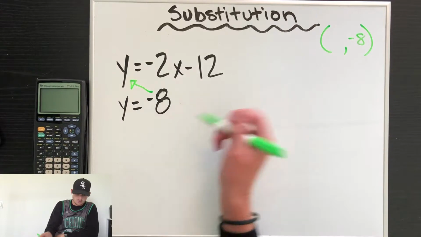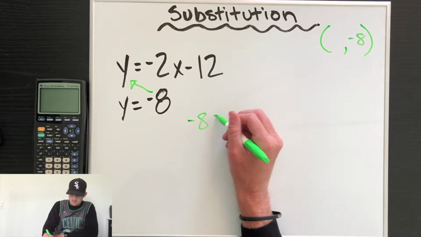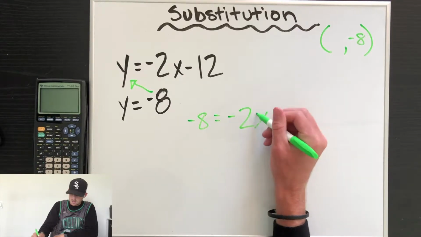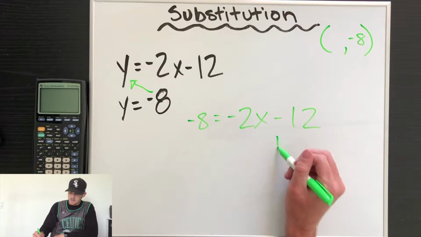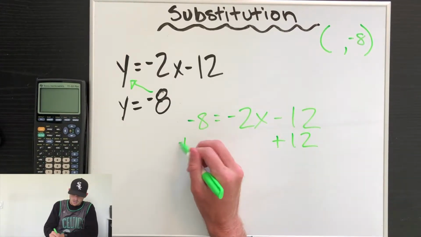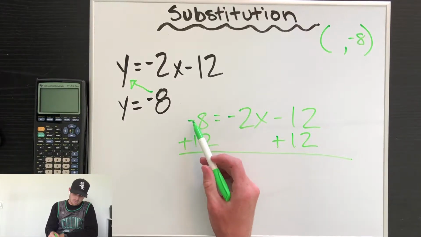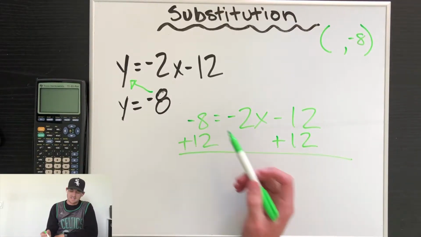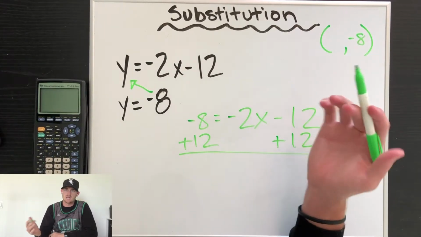So rewrite this problem. We got -8 equals -2x minus 12. We try to get x by itself, so we add the 12 over. We have a positive and a negative. When you have positive and negative, all you do is subtract and take the sign of the bigger number.